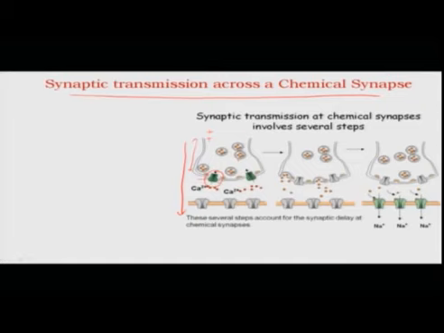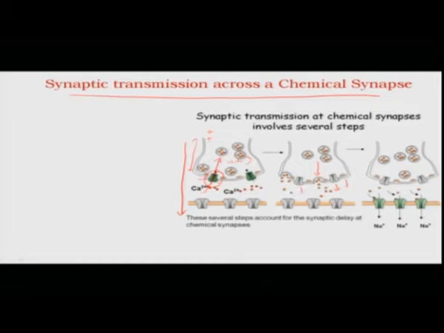These channels then allow a lot of calcium ions to get into the presynaptic end of the neuron. These calcium ions are a trigger for these neurotransmitter vesicles to fuse to this membrane, and they fuse to this membrane and release the neurotransmitters.